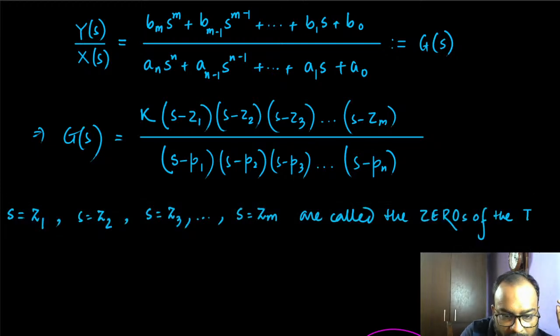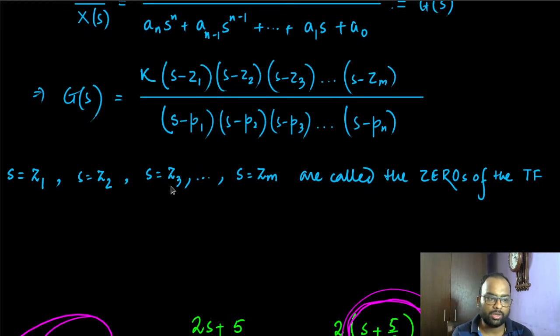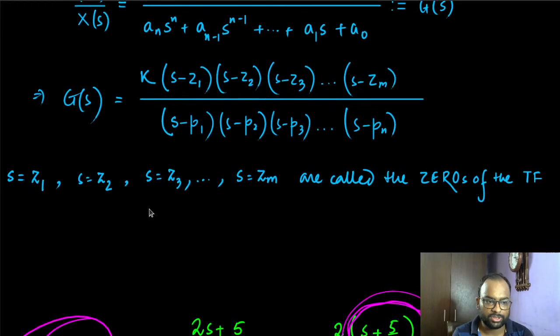When I put these values in place of s, the transfer function becomes 0. Notice that the denominator does not become 0; only the factor in the numerator becomes 0.